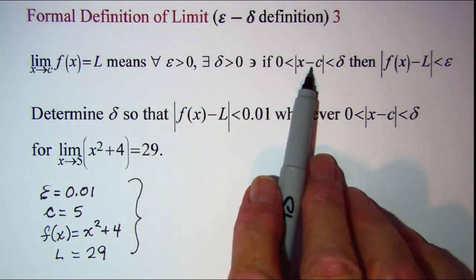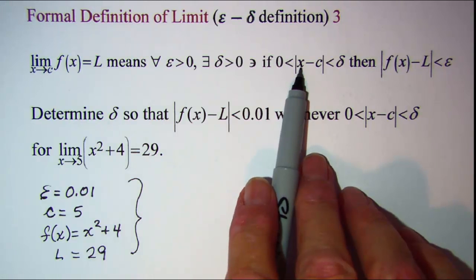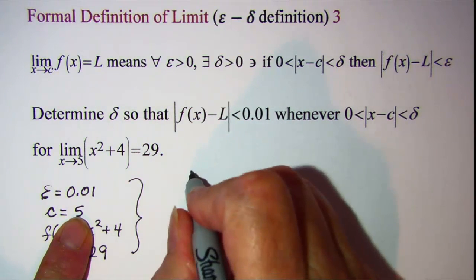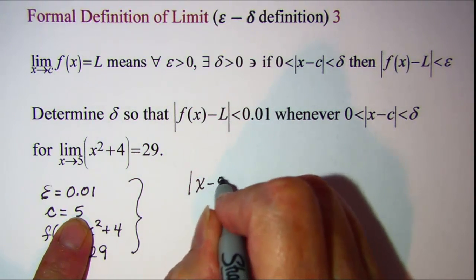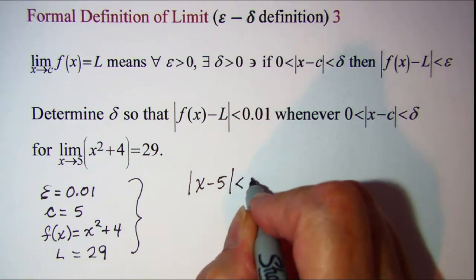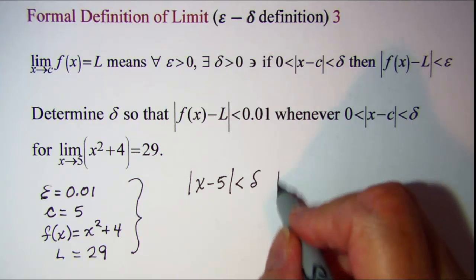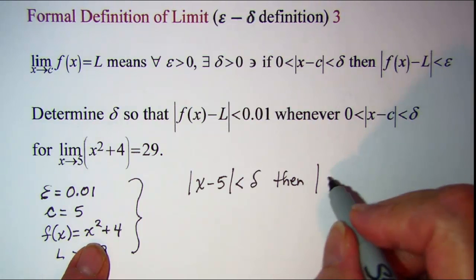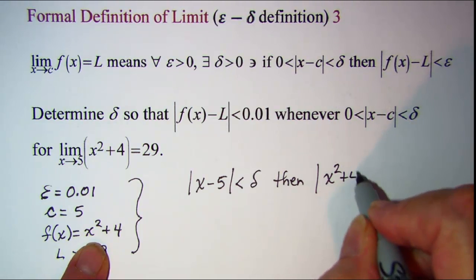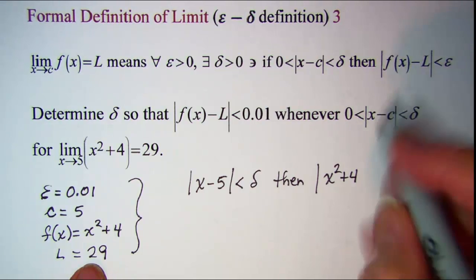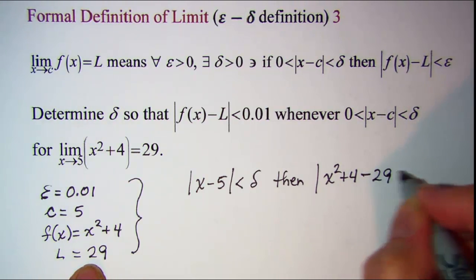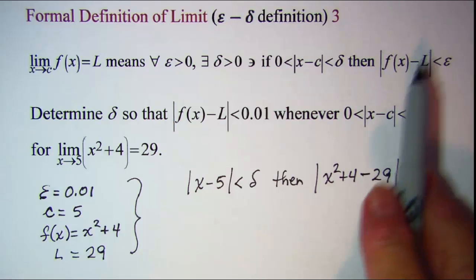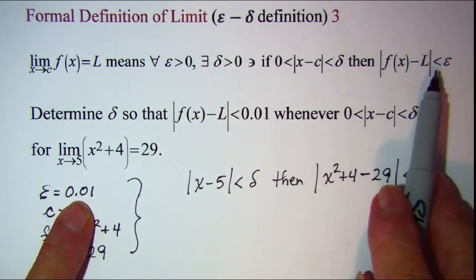In our formal definition, we have the absolute value of x minus 5 is less than delta, then the absolute value of f of x, which is x squared plus 4, minus L, so minus 29, is less than epsilon, and epsilon is 0.01.